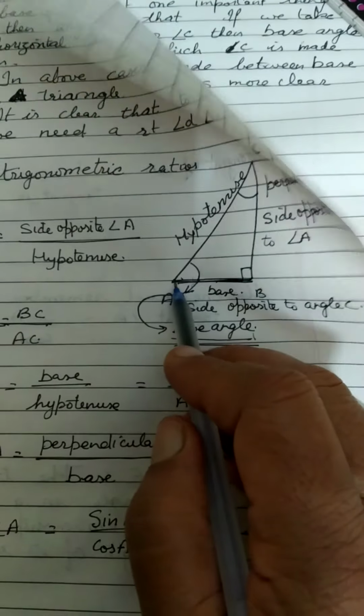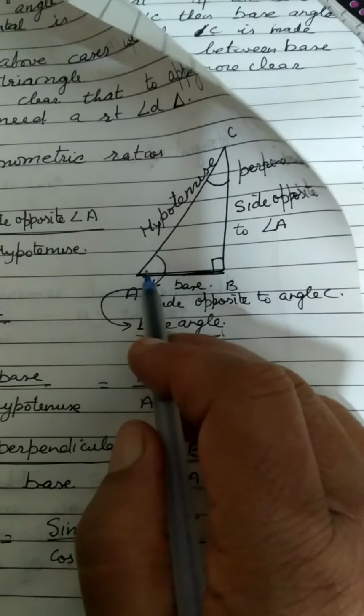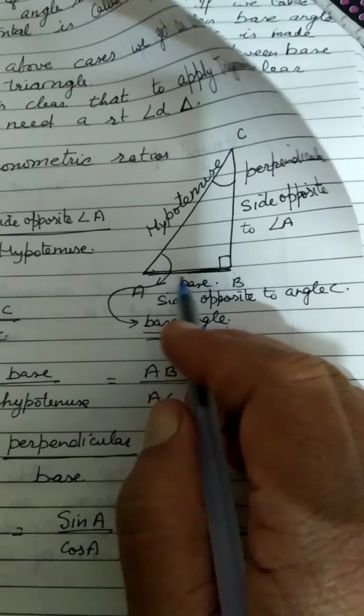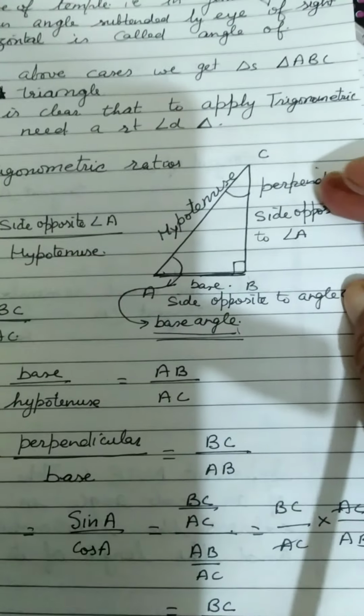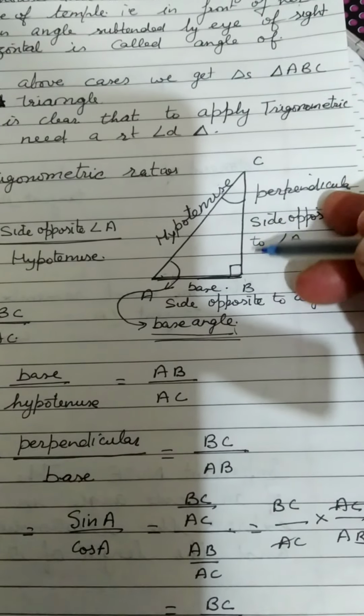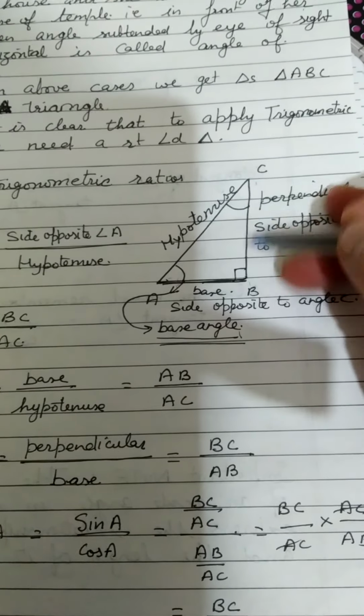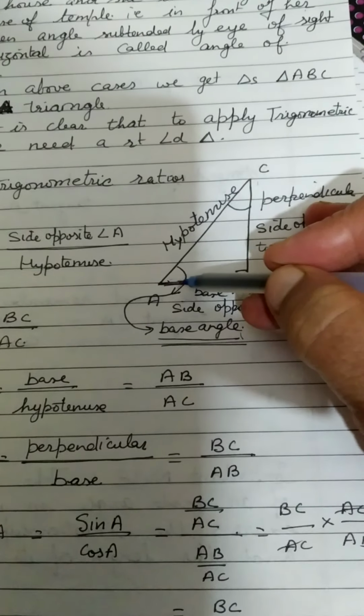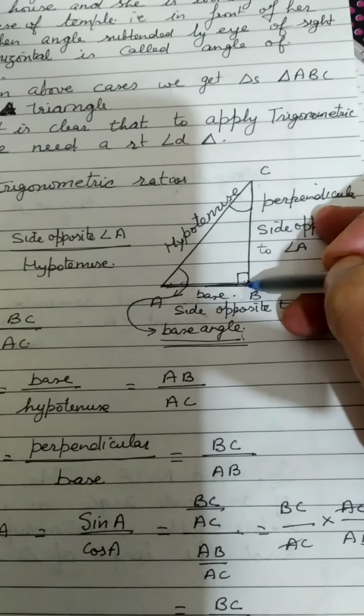The base angle is formed at A. In this case, base is AB and BC is the perpendicular in front of the base angle.